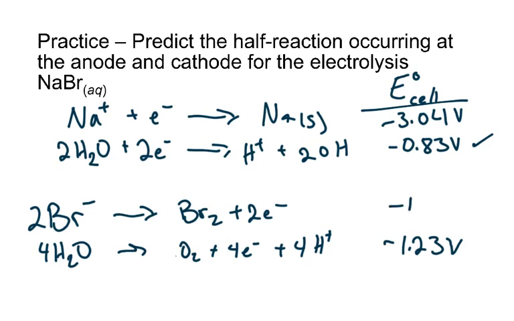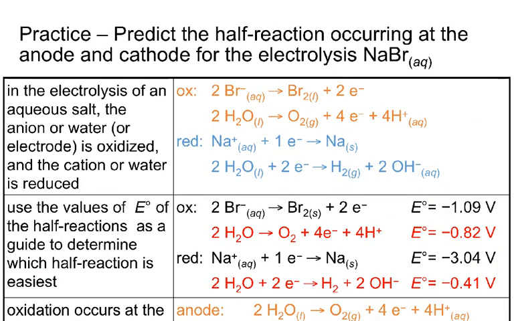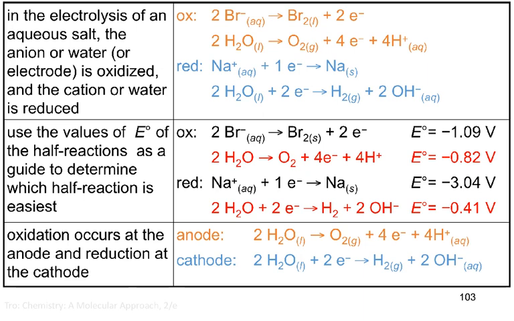And my value here is negative 1.09. So assuming we're under standard conditions, this reaction will occur. If we're at pH 7, my value here drops to negative 0.82. So at pH 7, then this one will occur. So that's going to be pH dependent. On this slide showing my answer, it's looking at pH 7, but it doesn't say that in the question.